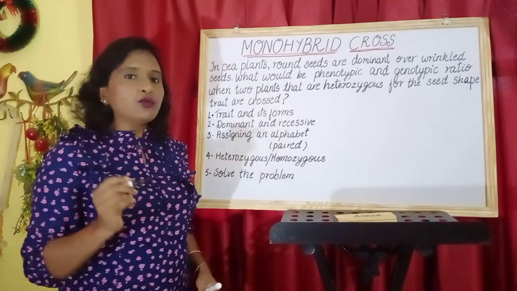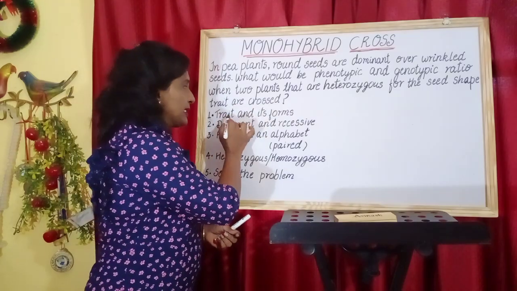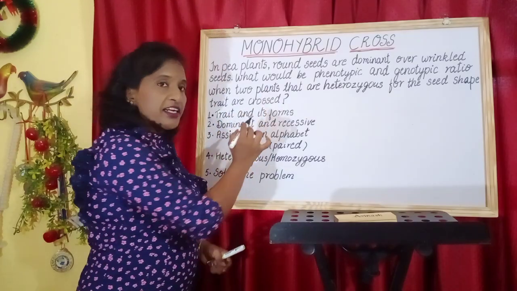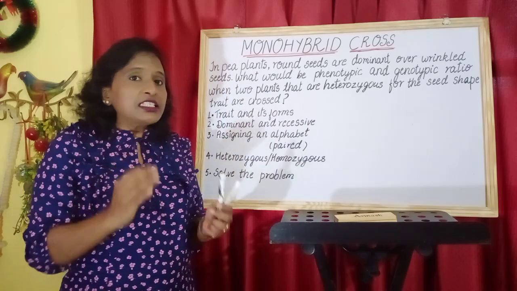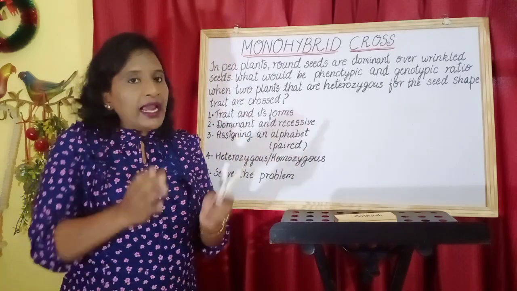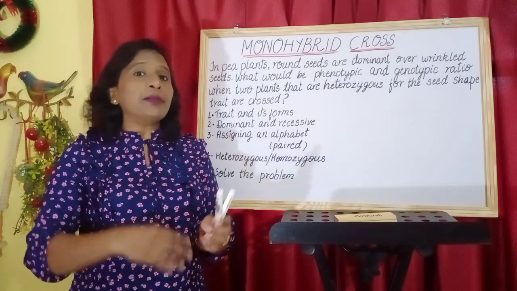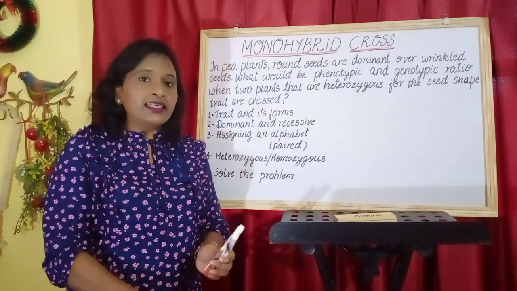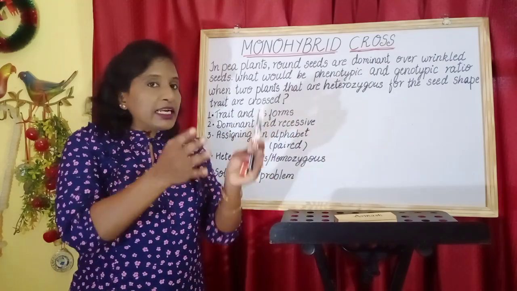So, first point what we have to note is that in a particular problem, which trait and its forms are asked. Now, trait is what? It is a characteristic. And each trait has two forms. As we had seen in Mendelian experiments, say for example, in pea plants, plant height is a trait.